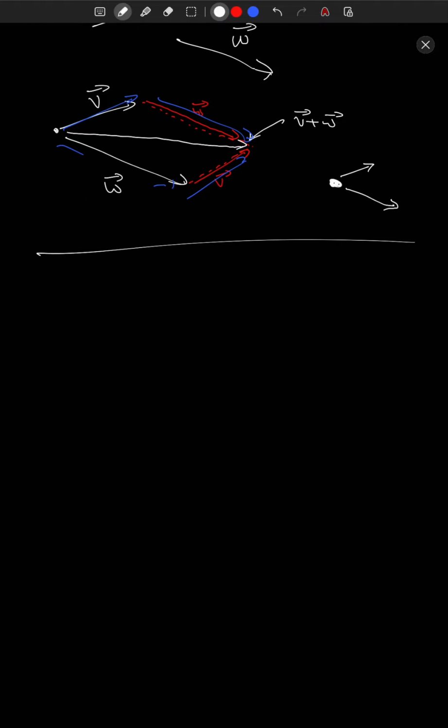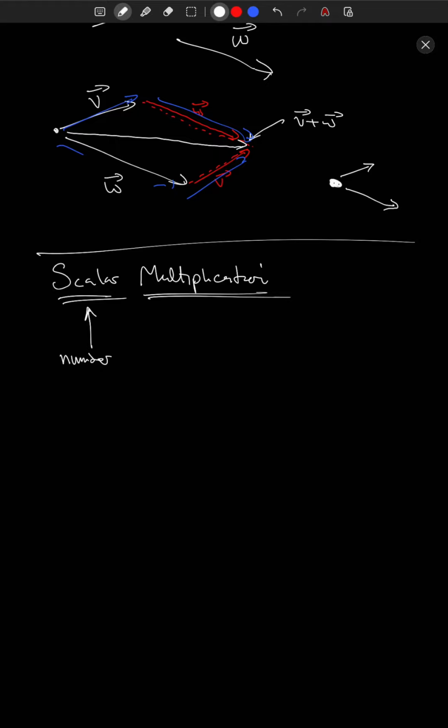Fairly straightforward geometrically. Let's talk about scalar multiplication. That's our next operation, and this one is in a way different from regular multiplication because of this word scalar. Scalar means number, like 1, 2, 3, 1/2, 1/3, pi, minus pi, and so on.